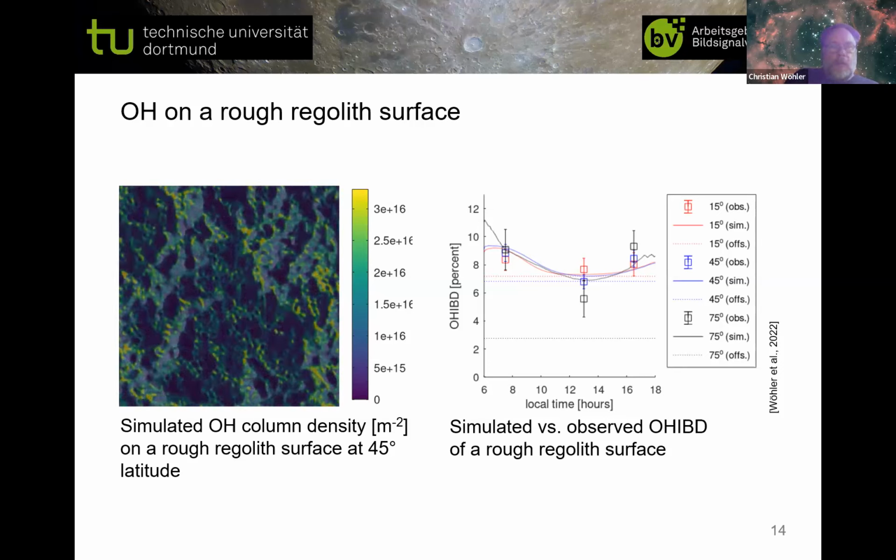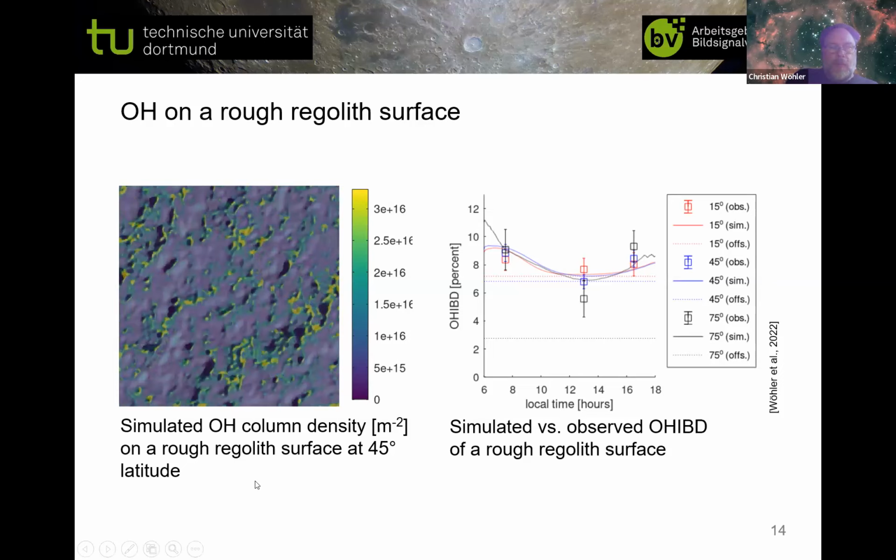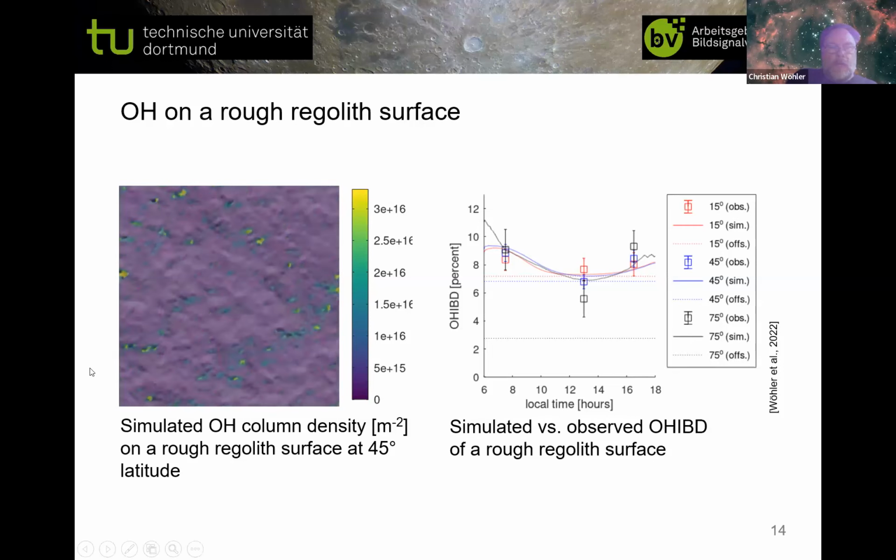Now it begins at the morning, shadows disappear, and a bit of OH is built up in the early morning, and then it's destroyed by increasing temperature and photolysis. And at midday, it's more or less, well, not completely, but to a high extent destroyed.